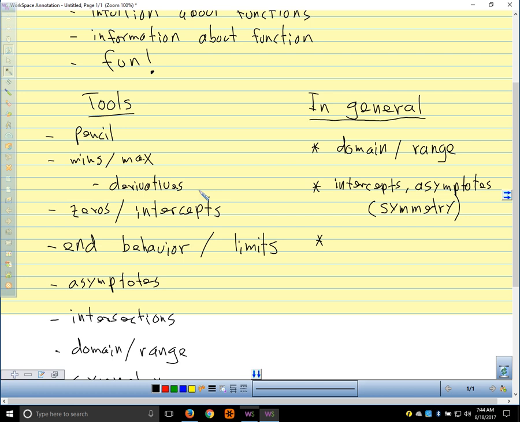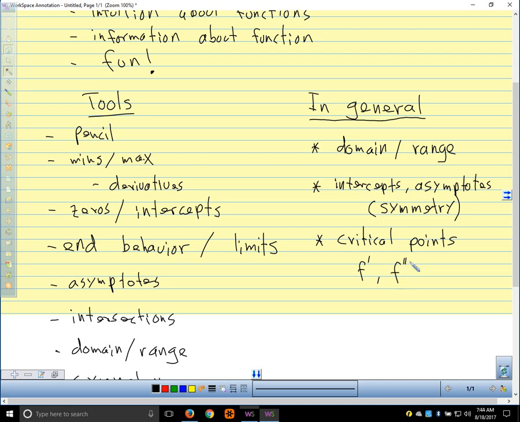We're going to look at our critical points. So we find our critical points. And where do our critical points happen? F prime, and I'm going to say F double prime because we're also looking for inflection points.